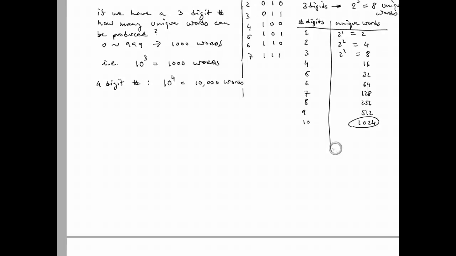So we need 10 digits to represent at least 1,000 words in a binary representation.